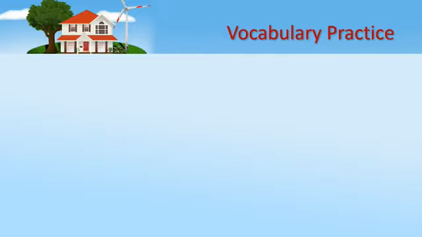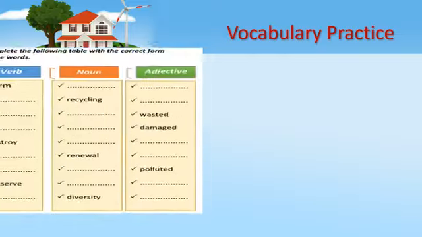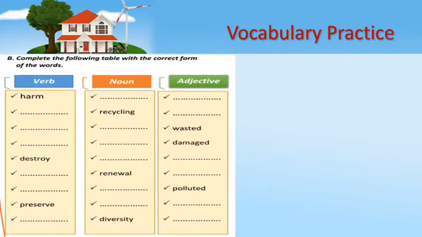Now let's move to exercise number 2. The question says, complete the following table with the correct form of the words. In the table, you can see a list of words ranging from verbs, nouns, and adjectives.